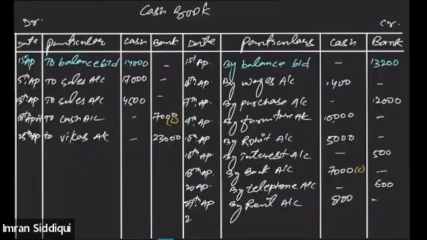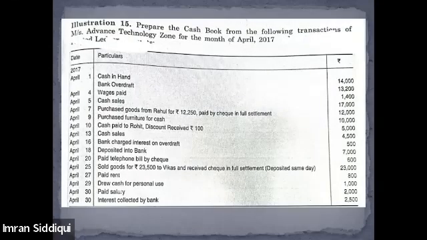So 29 April by drawings. And we have drawn it for personal use. Okay. And since nothing is given, so we'll presume that we must have withdrawn this amount in cash. So cash will reduce by 1,000.